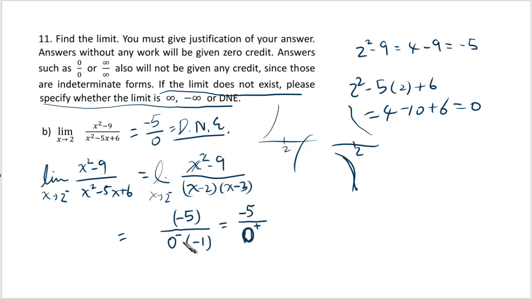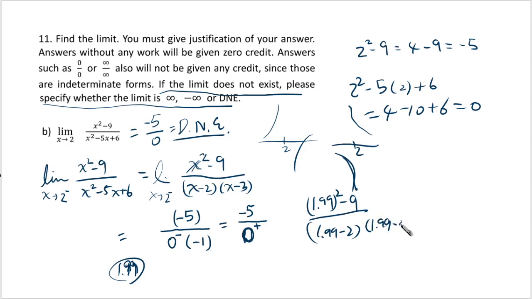Now, if you don't understand these symbols and if it's confusing you, what you can do is you can just really plug in 1.99 and see what happens in the top and bottom. Well, see, if you plug in 1.99 in the top and you plug in 1.99 minus 2, 1.99 minus 3 in the bottom, then the top one, well, this is close to 2, so the top will be close to negative 5.